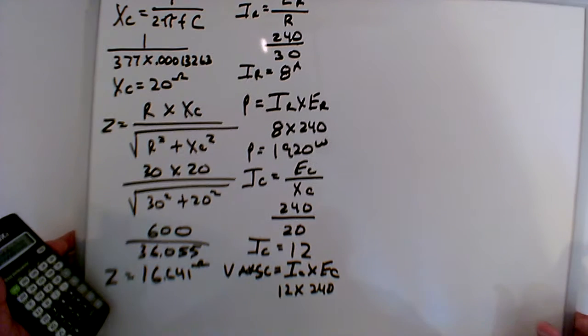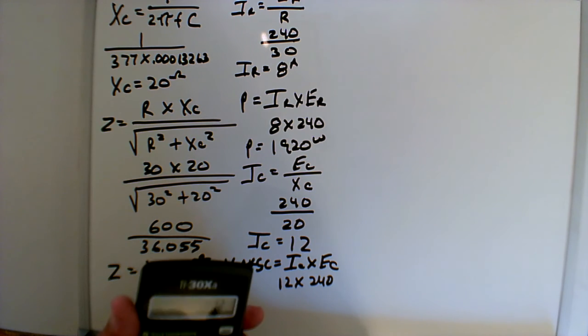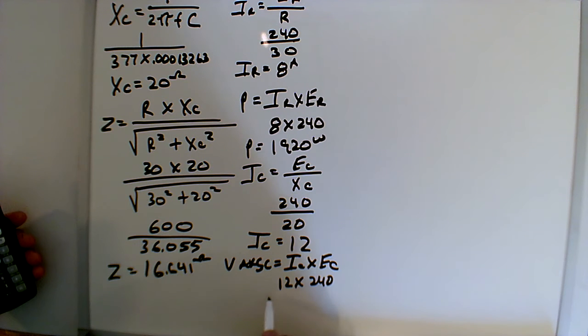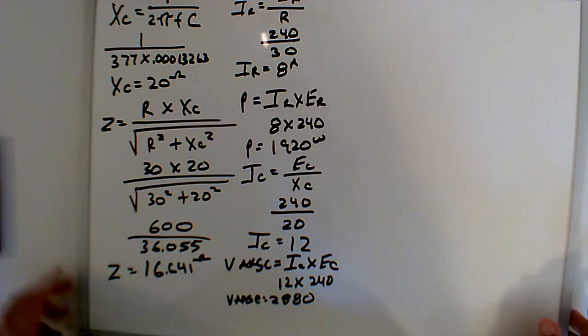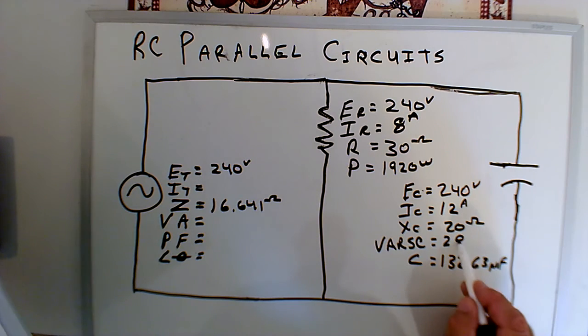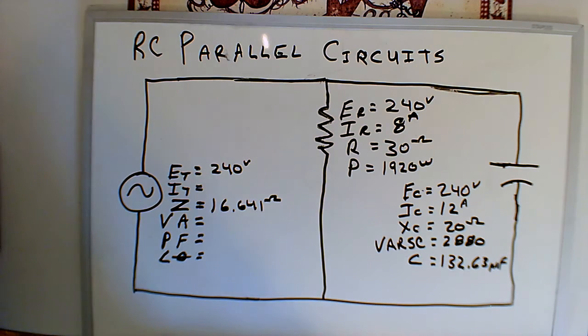Am I doing that right? Let me check. Yep, 12 amps times 240 volts. So 12 times 240 equals 2,880 VARs, VARs C, the volts amps reactive. And we'll write that in here, 2,880. That fits in there just fine.